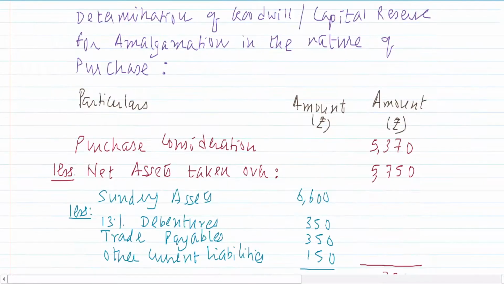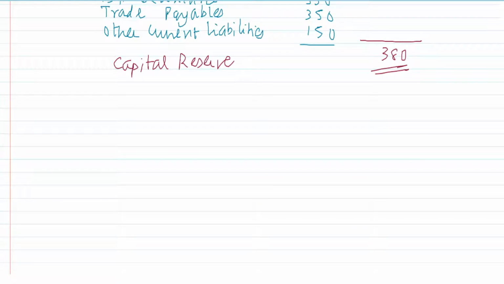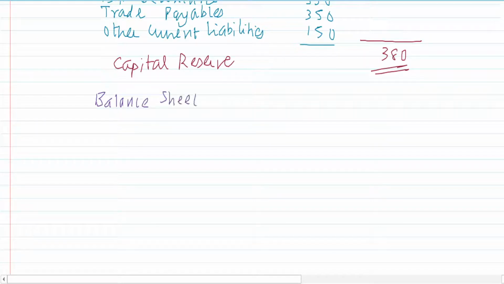So we will show it accordingly. Balance sheet of X Limited as on 1st April 20x1.